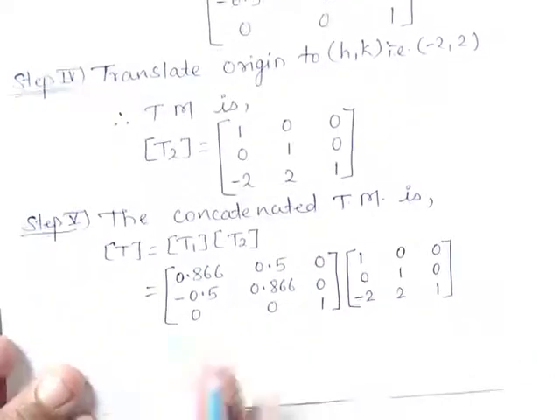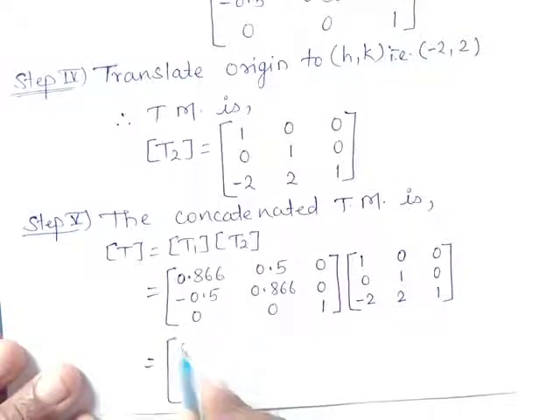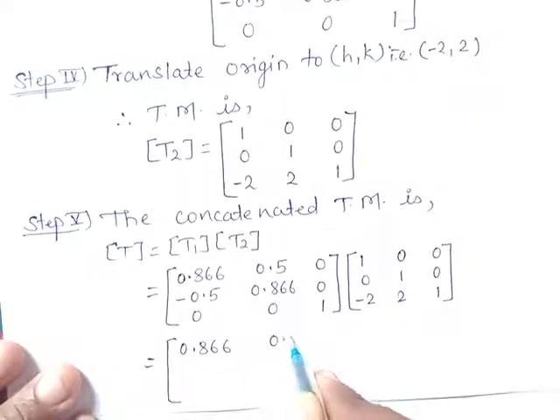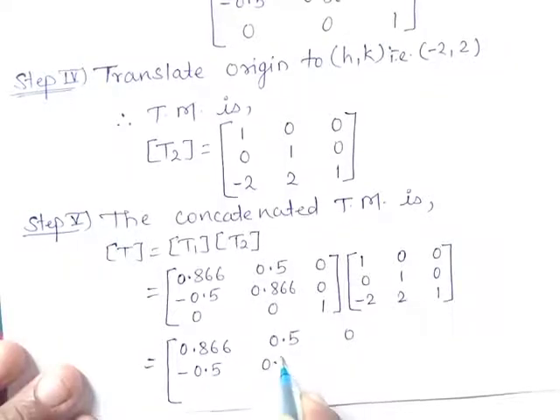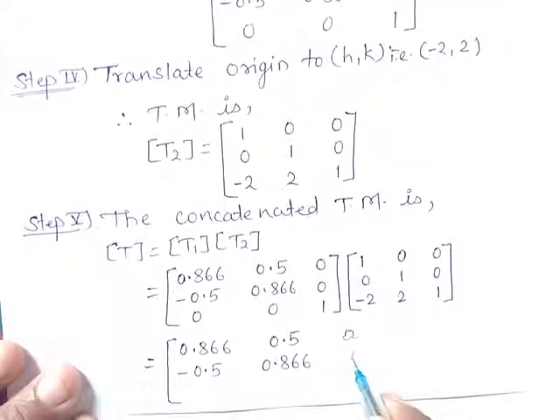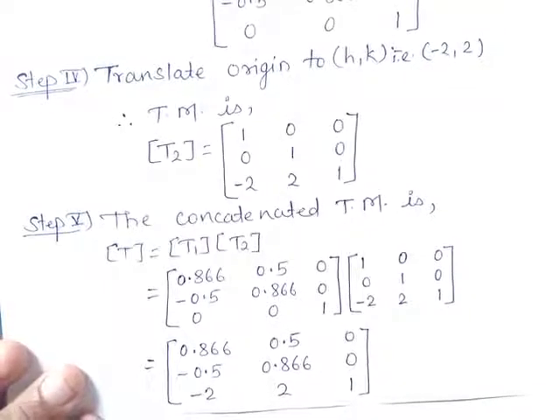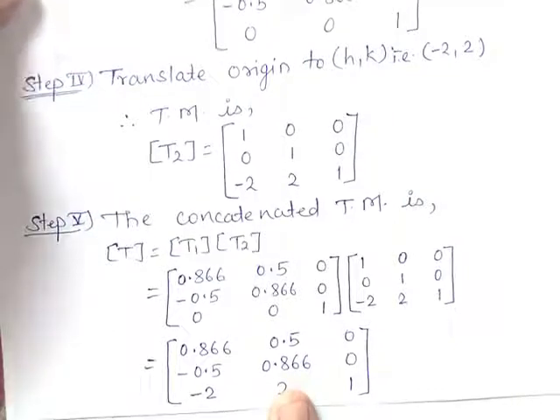The product of these gives 0.866, 0.50, minus 0.5, 0.866, minus 2, 2, 1. This is our concatenated transformation matrix which we have to apply on X to get X star.